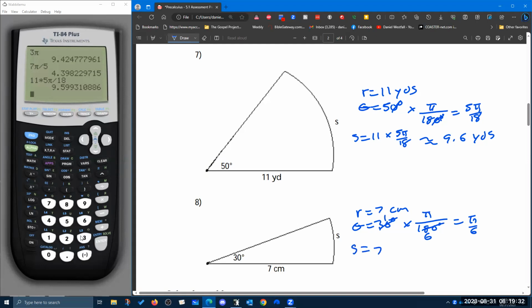S is going to be equal to R times theta, 7 pi over 6. This was in centimeters, so this is about 3.7 centimeters.